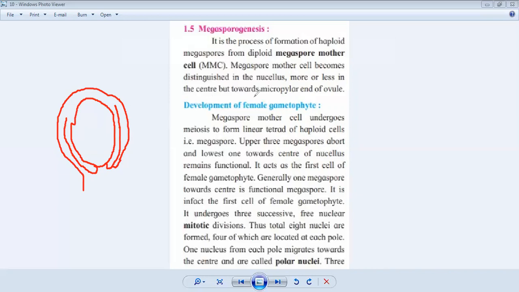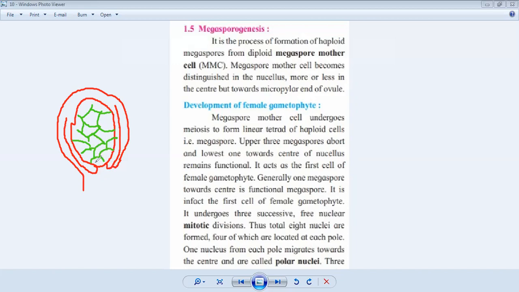So at the micropylar end there are certain cells, and these cells act as the megaspore mother cells. Basically these are parenchymatous cells or parenchymatous tissues, especially those present at the micropylar end, this end.